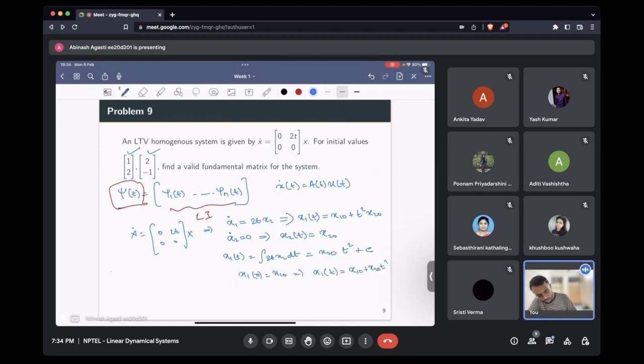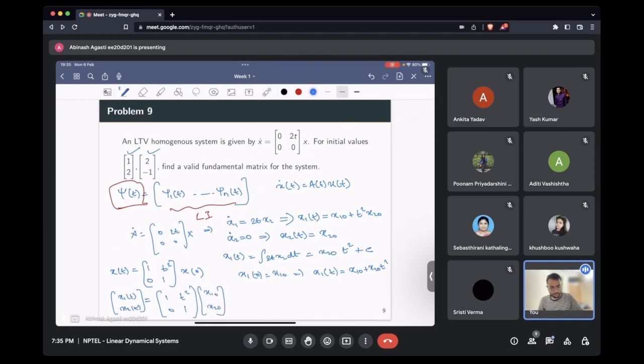Now look at this. x of t can be written in terms of x of 0 by this matrix. x1 of t, x2 of t is equal to the matrix 1, t square, 0, 1 times x1 naught, x2 naught.